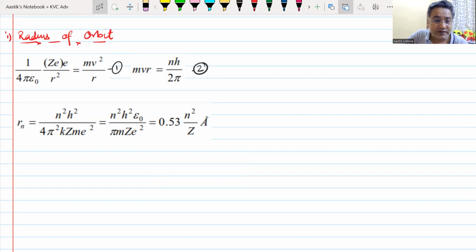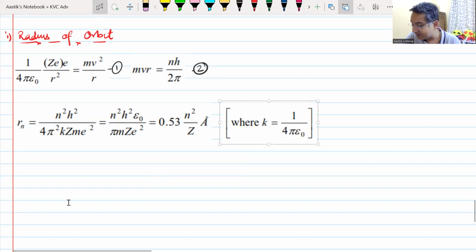Remember, k is 1 by 4 pi epsilon naught. Do we understand this? It's just an elimination that we have done, nothing else. We have just eliminated things from this. Do we understand this? Yes, sir.